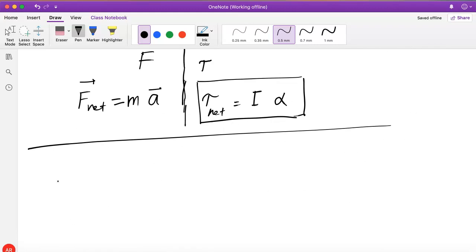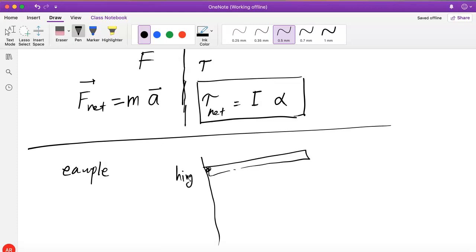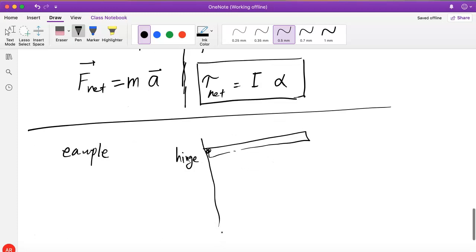So maybe as an example, consider a rod that's hinged to the wall, and we let it go, and it rotates and hits the wall. So we use this to solve a problem involving energy conservation.